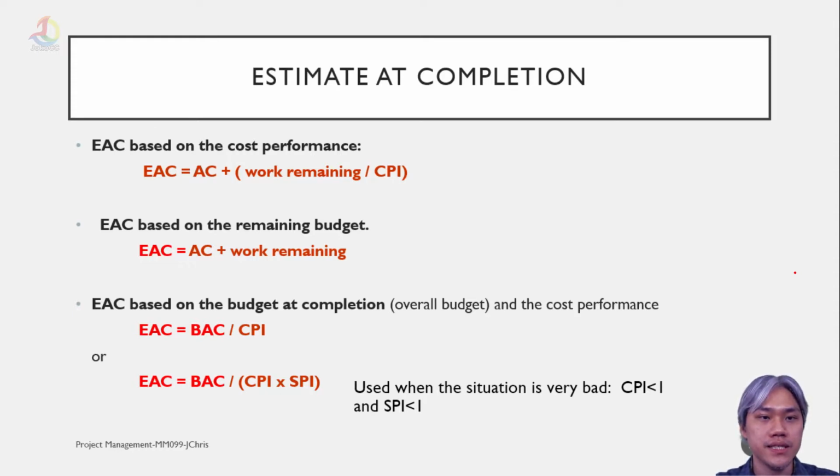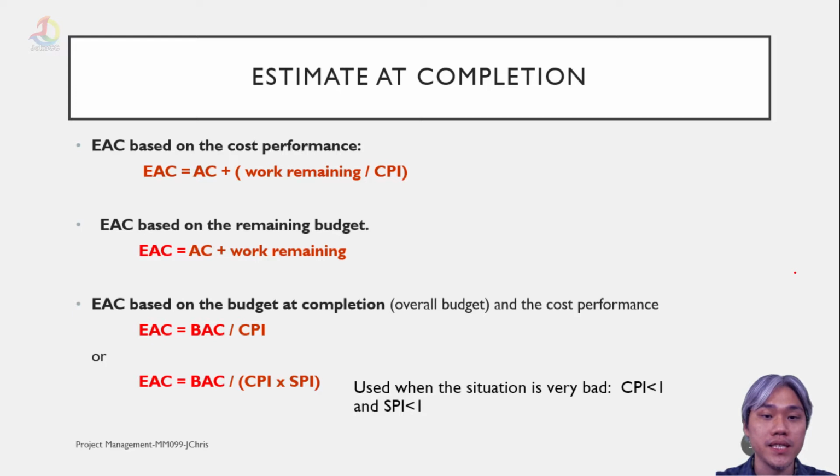Estimate at completion, or EAC, is based on the cost performance. EAC is AC plus work remaining divided by cost performance index. EAC based on the remaining budget is EAC equals AC plus work remaining.